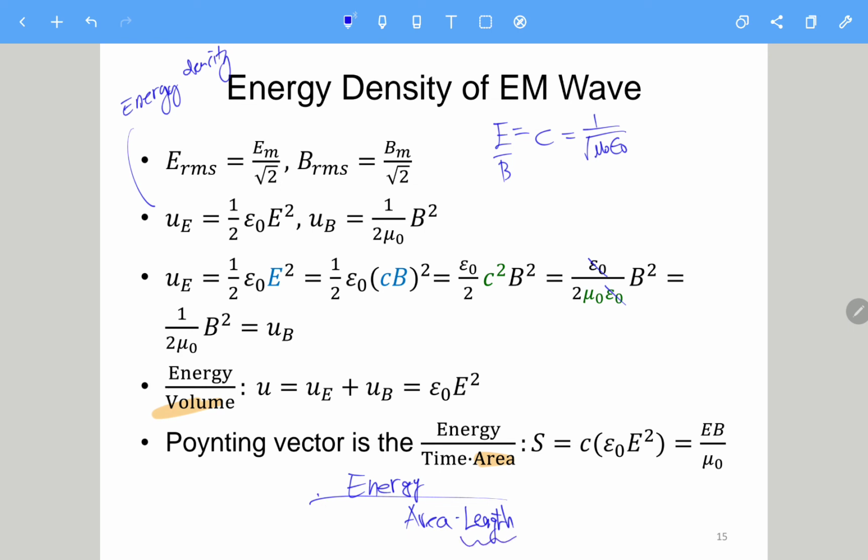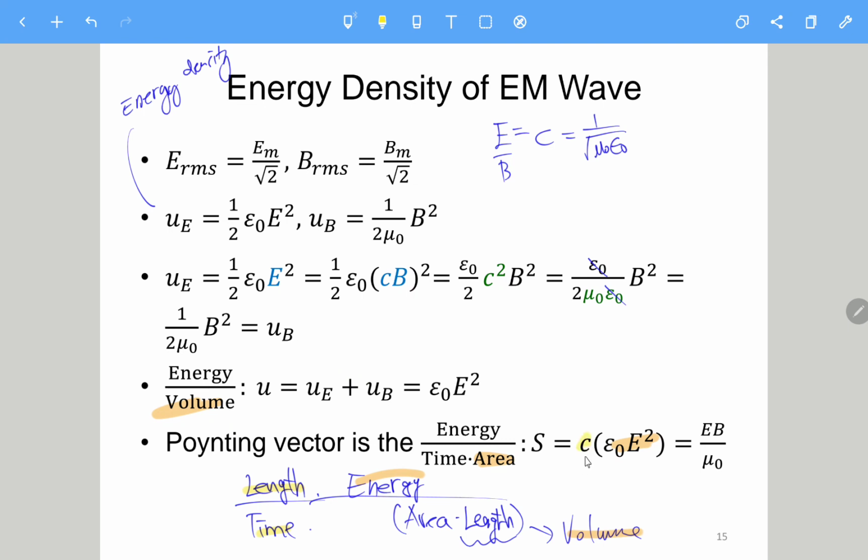Actually we multiply it in the denominator, so we need to have length multiplied in the numerator, and then over the time. So this one and this one are the same, and this one becomes the volume. So here we have energy per volume, and then we have length per time. Length per time is actually the speed of the wave, which is the speed of light.